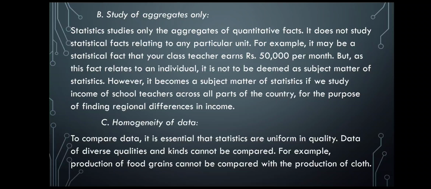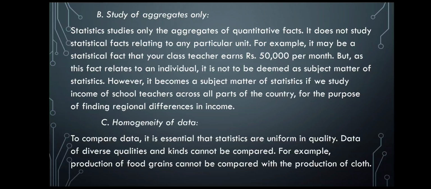Okay, so the third limitation is homogeneity of data. To compare data, it is essential that statistics are uniform in quality. Data of diverse qualities and kinds cannot be compared. For example, production of food grain cannot be compared with the production of cloth.